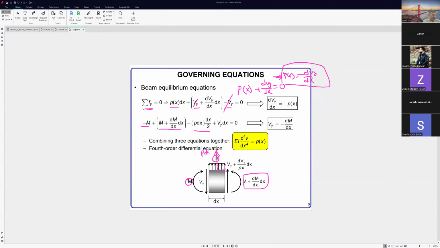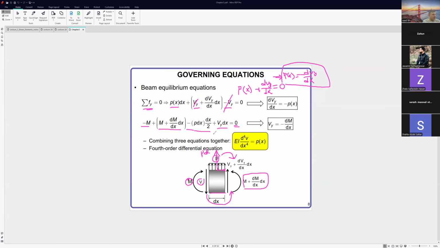And what's the sign convention? It will be clockwise, which is the negative. Okay, and we also have V of y times dx to get the moment, and this one is counterclockwise, which is the positive, equal to 0.